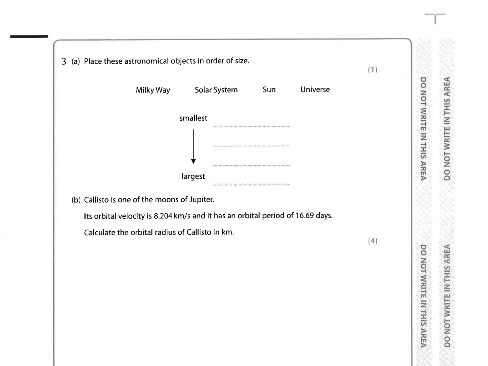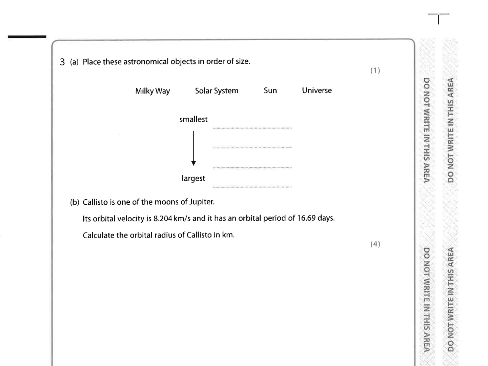Our topic is asking you to place the astronomical objects in order of size. Straightforward if you have memorised these respective sizes. Of course, this is going to be the largest, isn't it, the universe? That's a good way to start. And I think they've tried to be quite tricky here, because often you place the sun quite high up when you're building these systems, but actually the sun is the smallest. It is a star in these structures.